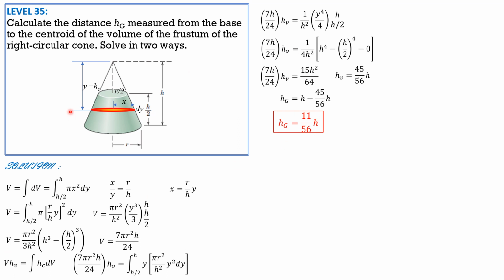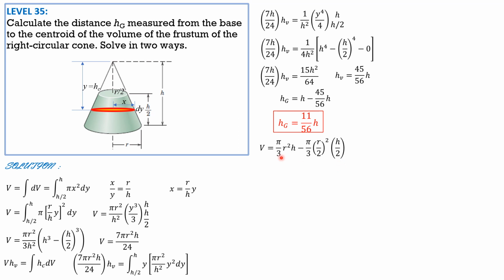For the second way, let's use composite volumes, because we already know the volume of a cone and the location of the centroid, which is one-fourth of the height from the base. Remember that. So volume is the volume of the big cone, pi over 3 r squared h, minus the volume of the small cone, pi over 3 (r over 2) squared times height h over 2 also.